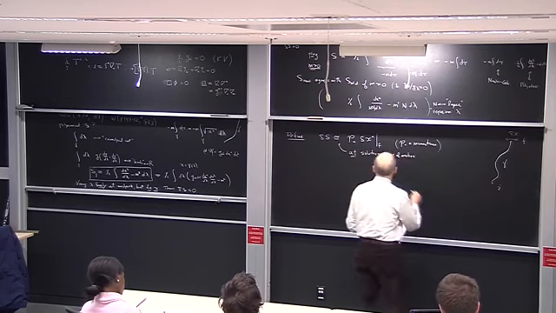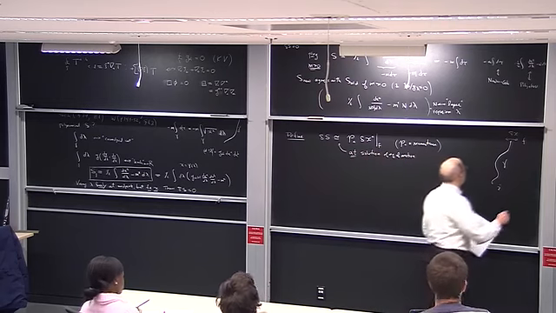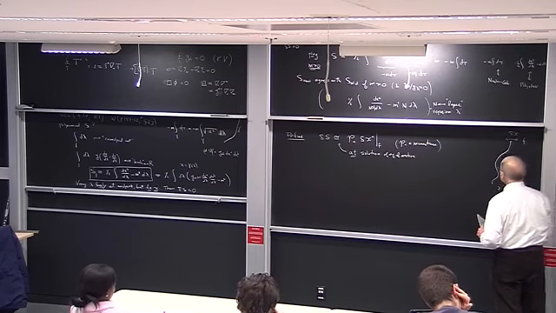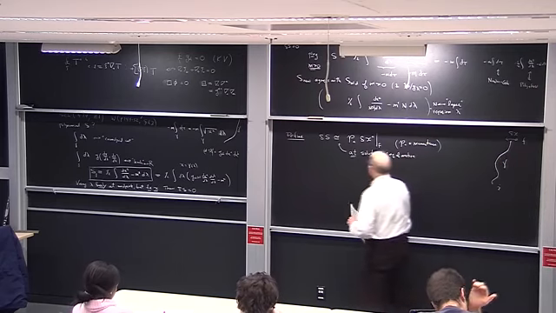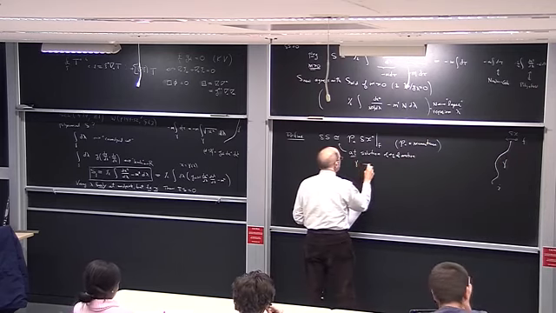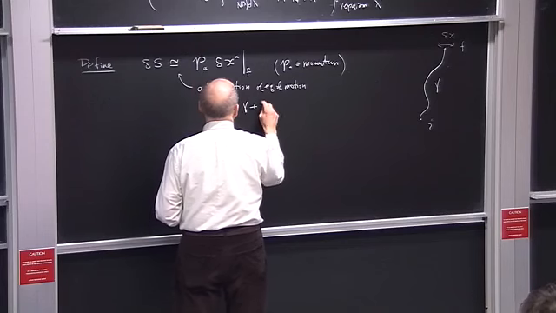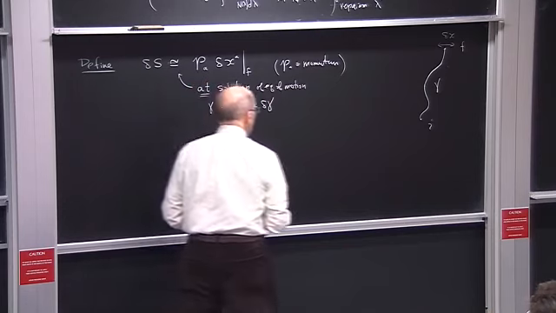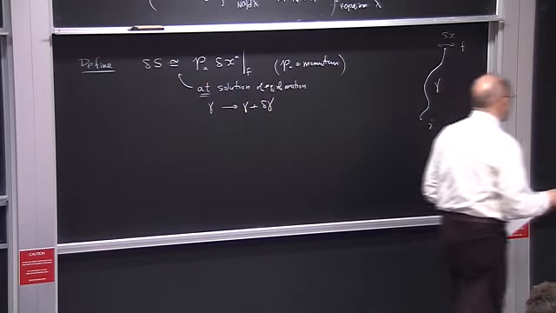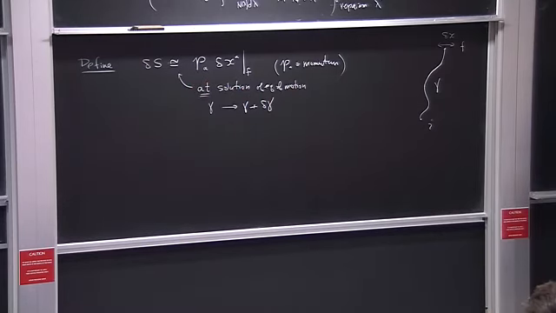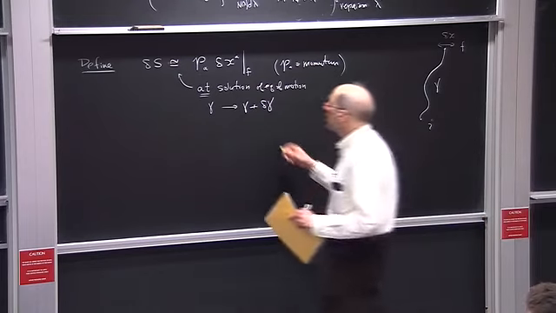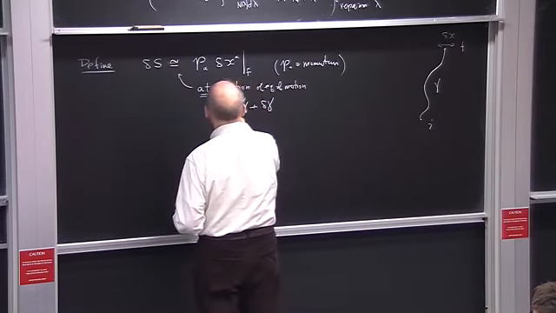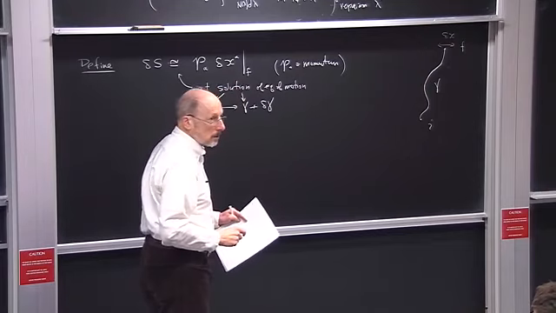So when I say "add a solution," what I mean is that the unvaried world line, in other words, we're talking about a variation that takes gamma to gamma plus delta gamma, that funny equal sign means that this unvaried gamma is supposed to be a solution of the equations of motion.